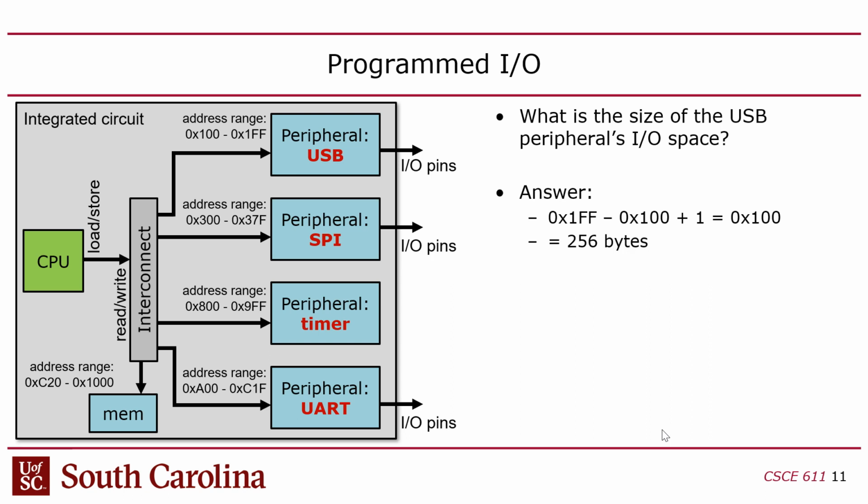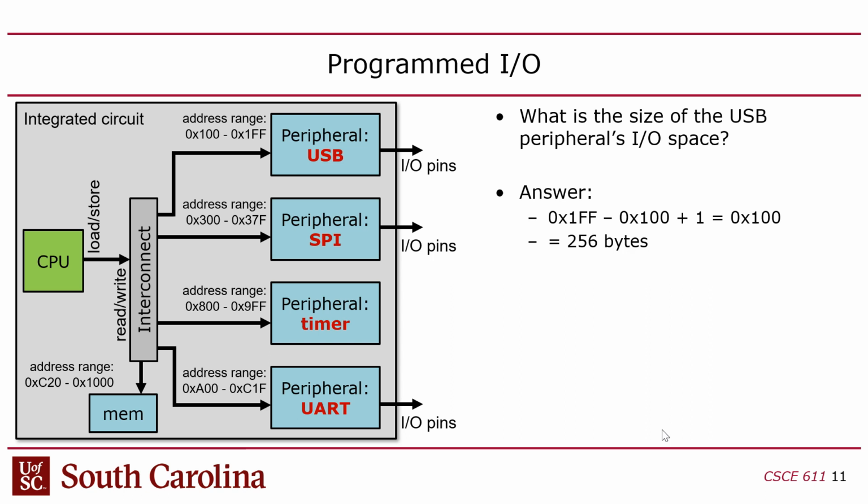For example, the USB I have listed here has an address range of 100 in hex to 1FF in hex. So the question I might ask, like on the quiz, is what is the size of the memory space? What is the size of the space of addresses that I can store to that will be routed to the USB through the interconnect?